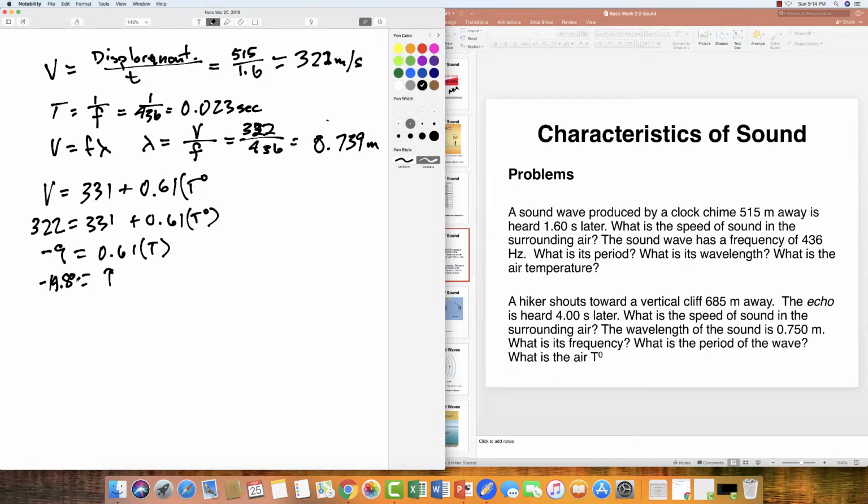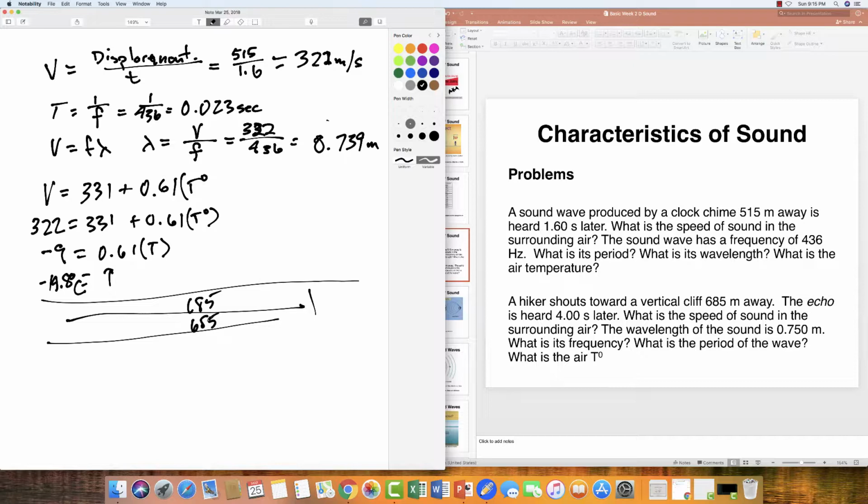So let's take a look at this second problem while we're here. A hiker shouts toward a vertical cliff 685 feet away. The echo is heard 4 seconds later. Now remember, the echo is the time it takes to go to the object and then come back. And so it's going to be 685 and 685 total distance traveled. So what is the speed of sound in the surrounding air? So you have to take 2 times 685 to get the total distance traveled.